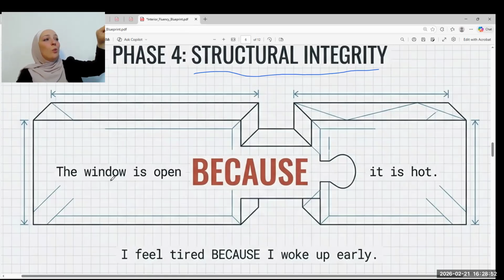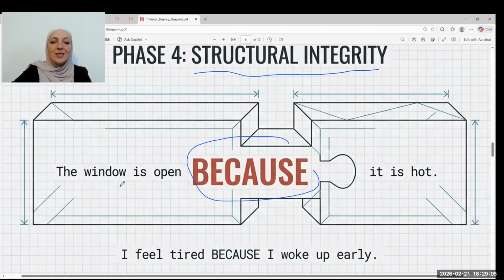So you will say the window is open because it's hot. The window is open because it's hot. So by adding because, or and, or also, those connectors, they connect one word, one sentence to another.